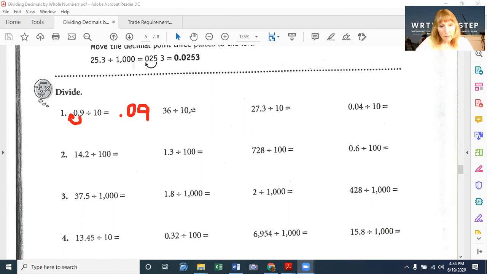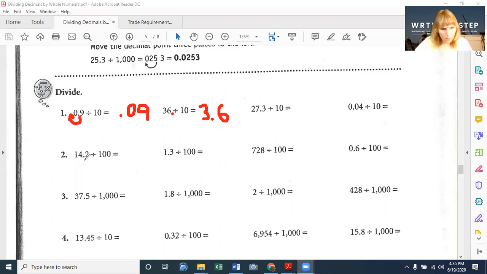36 divided by 10, my decimal starts after the 36. And I'm going to move 1 to the left because I have 1 zero in 10. So that's going to end up becoming 3.6. Row 2, now I'm dividing by 100. Because there's 2 zeros in 100, I have to move my decimal 2 to the left.